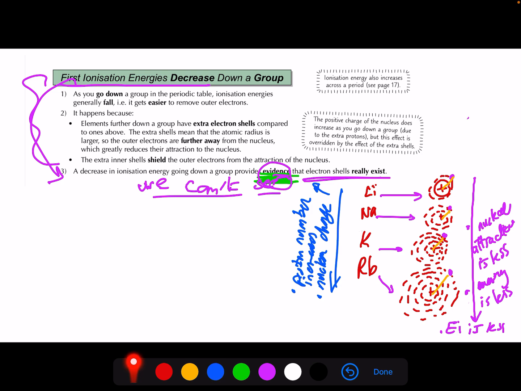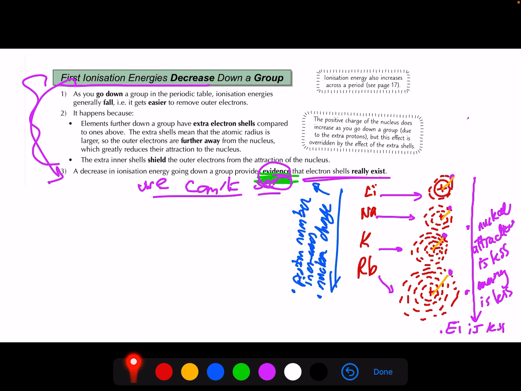That means the attraction to the electron in the outermost layer should be more, right? So there should be more attraction. However, this is also a point I want you to include in your answer whenever they ask you why first ionization energy decreases down the group.